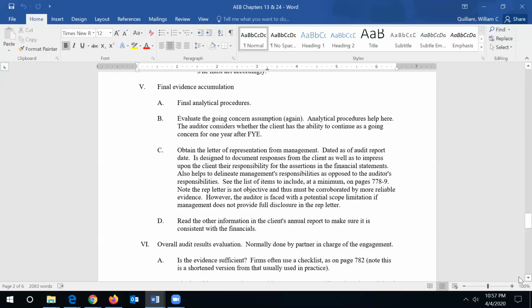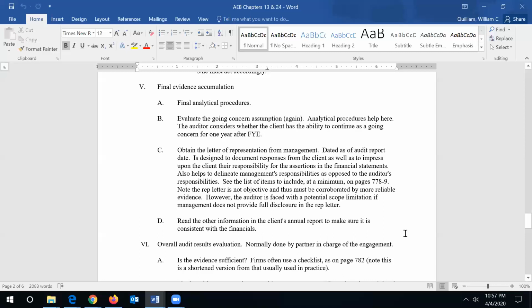So management does need to come clean, or they will raise suspicions. So they would certainly have trouble then. By the way, those things to include in the rep letter, on page 778, you'll see them starting at the bottom, and they go through about the top third of page 779.